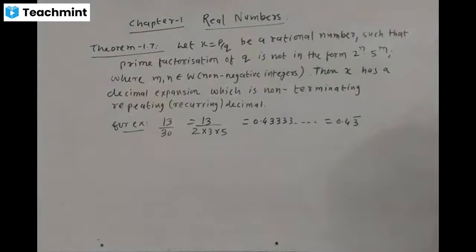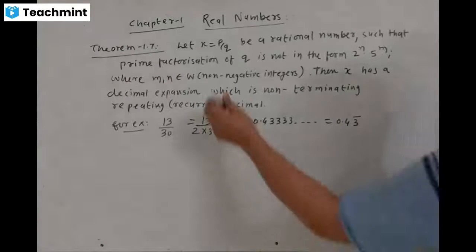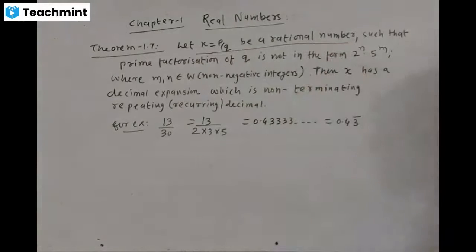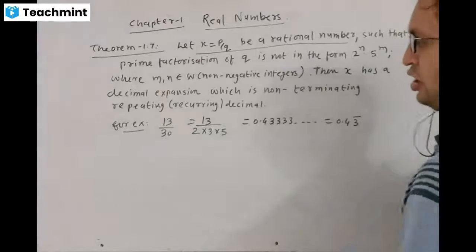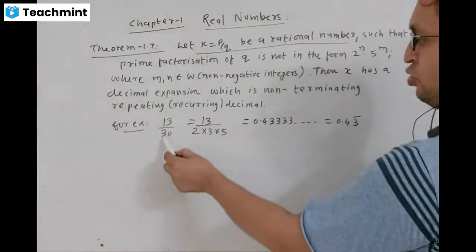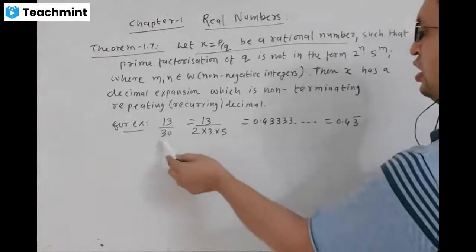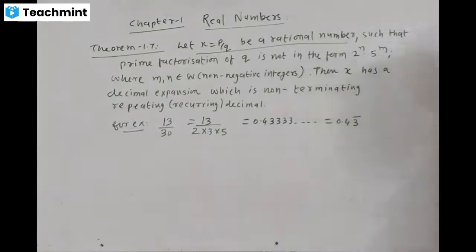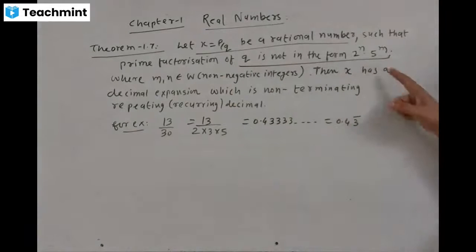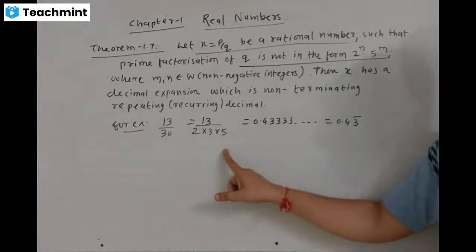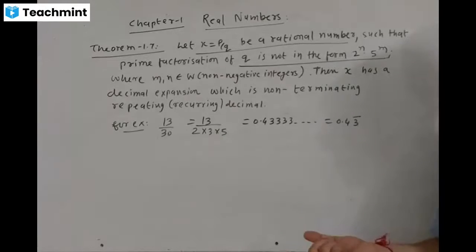Theorem number 1.7: let x be p by q, a rational number, such that the prime factorization of q is not of the form 2 raised to n and 5 raised to m. Suppose the number is 13 by 30, the prime factorization of q, q is 30, its prime factors are 2 into 3 into 5, is not in the form of 2 raised to n and 5 raised to m. मतलब prime factor of q is other than 2 और 5, उसका कोई एक factor 2 और 5 के सिवा होना चाहिए.